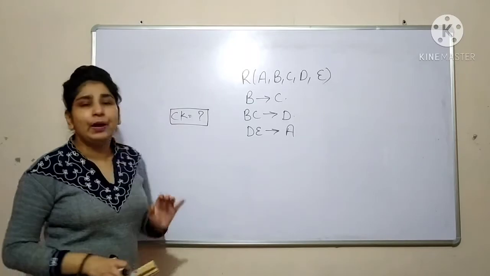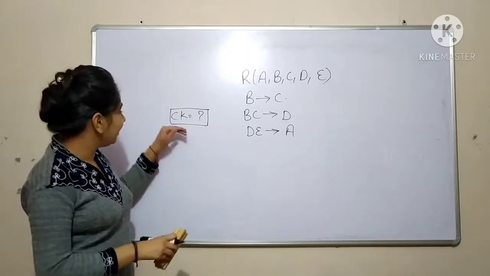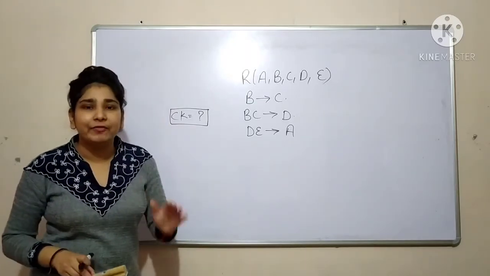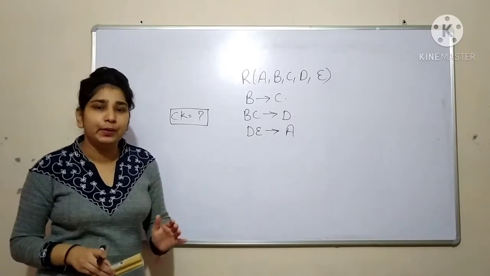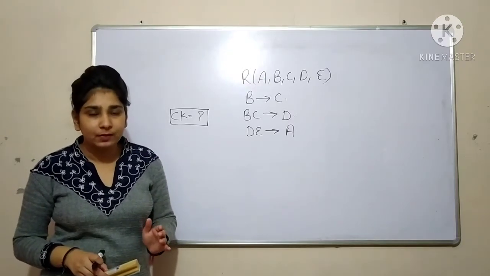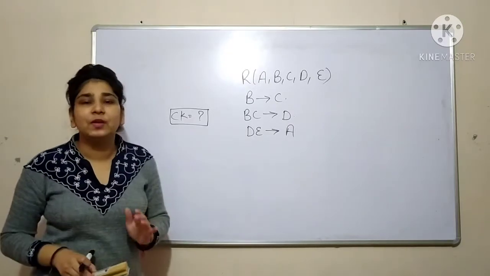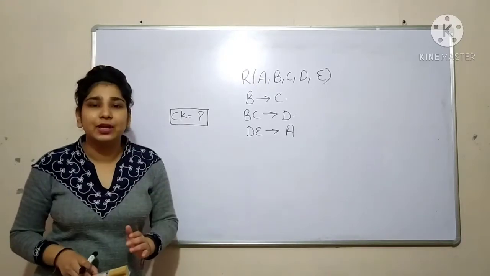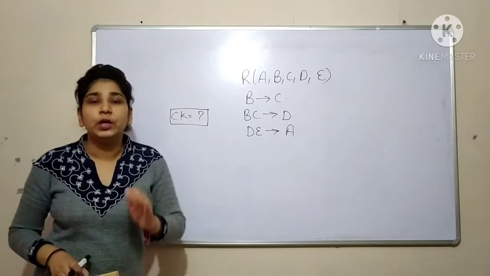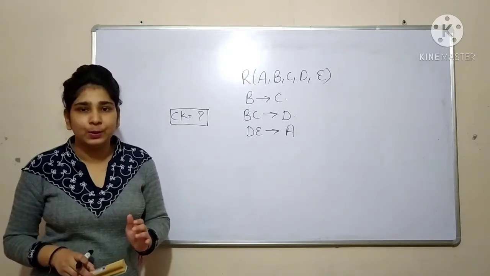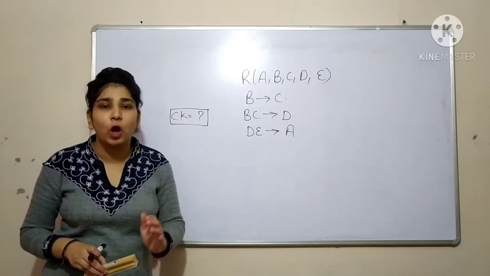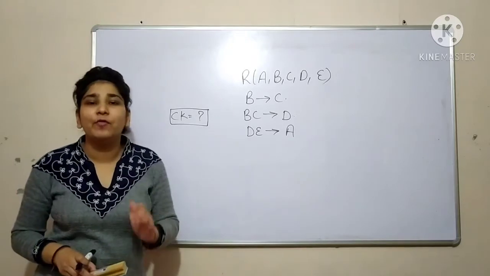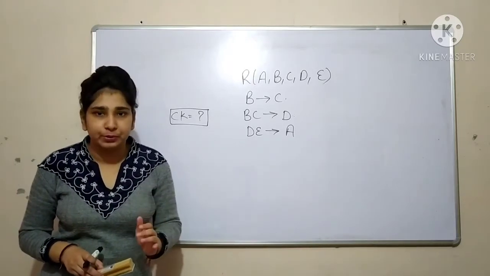I have already told you the importance of having a candidate key in your relation. If you don't have a candidate key in your relation, searching would be very difficult. We would have a lot of problems in finding the value of any attribute.